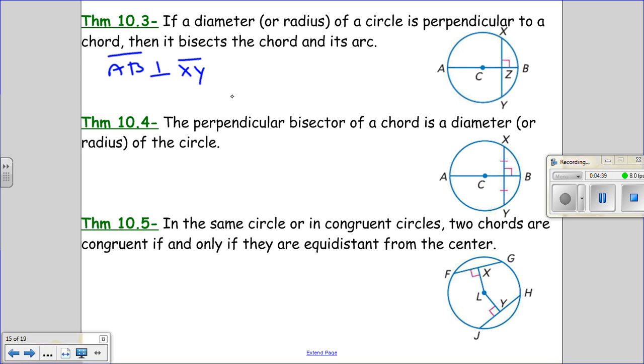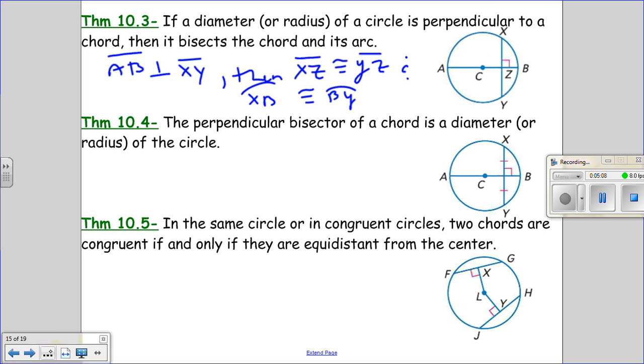That's the perpendicular symbol, the upside down T. So since they are perpendicular, then we can say XZ is congruent to YZ. And arc XB is congruent to arc BY.